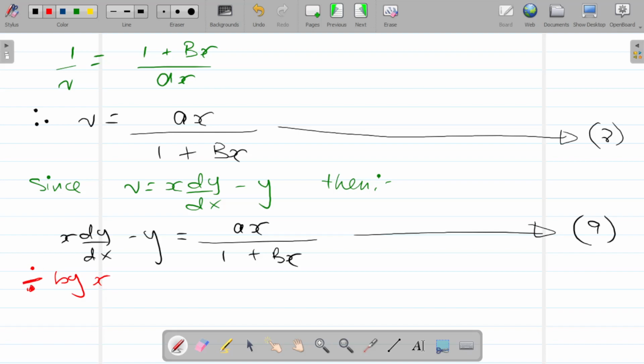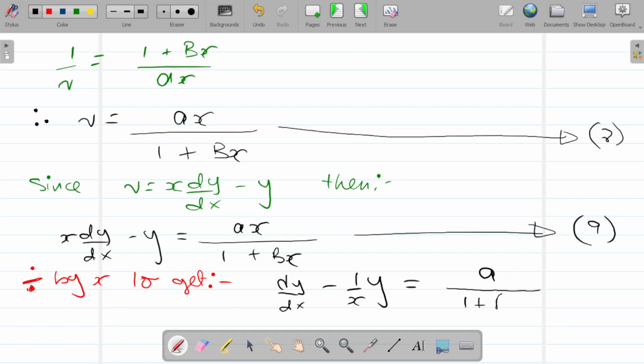So we divide by x to get, I think we'll stick with black on this, dy by dx minus 1 over x times y, and that's equal to a over 1 plus bx, right?